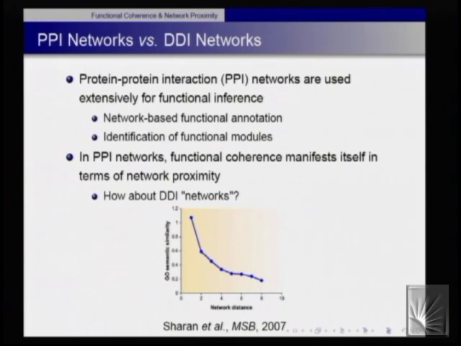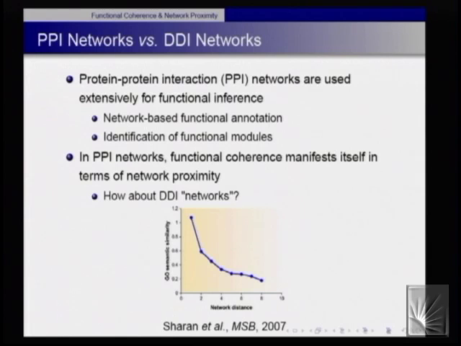We wanted to compare the domain-domain networks across species, or identify groups of domains and see what their functional relevance is. But first we decided to try to draw a graph like this. This graph is taken from a survey paper by Roded Sharan and his colleagues, which overviews network-based functional prediction. To motivate the approach, they plot the relationship between network distance and the functional similarity between proteins.